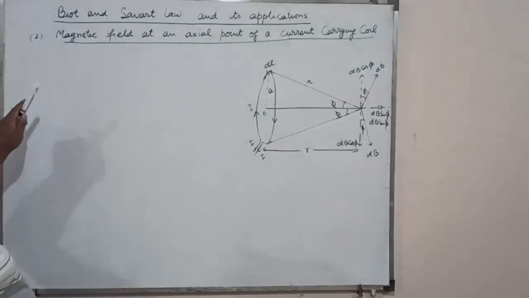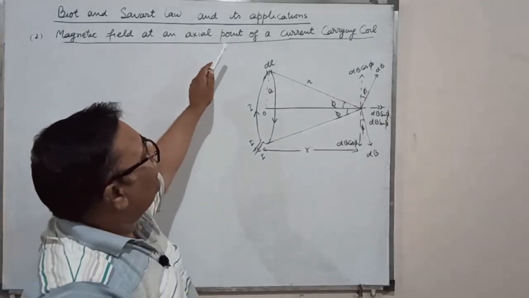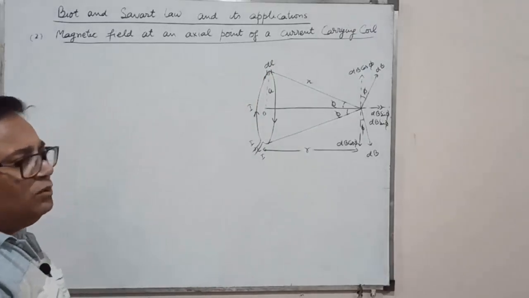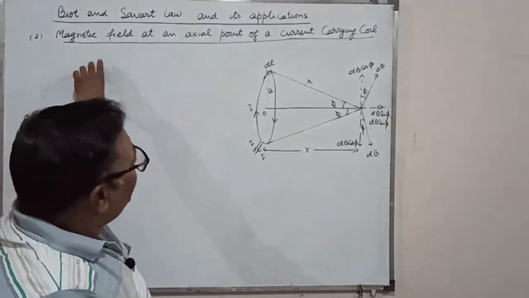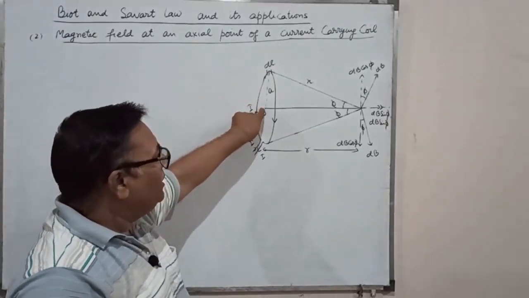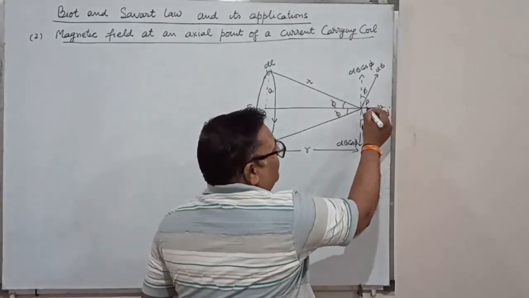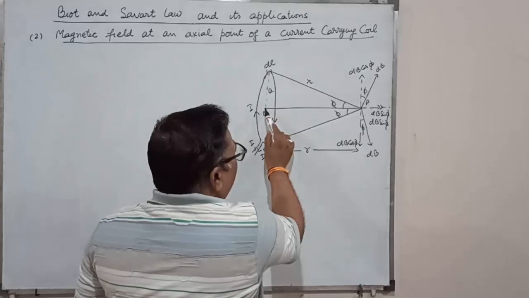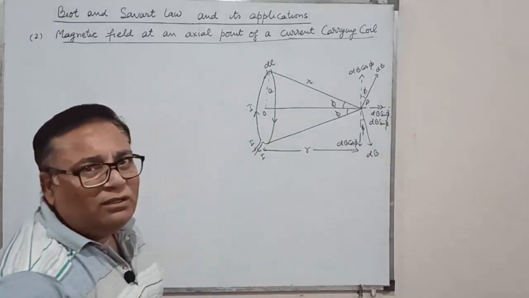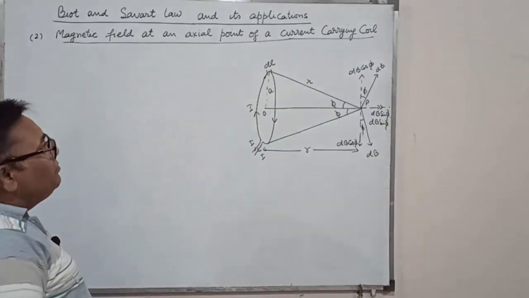Next example is magnetic field at an axial point of a current carrying circular coil. Here the point is not at the center of the coil but at the axial point. This is the axial point, means the point lies on the axis of the circular coil. Clear?